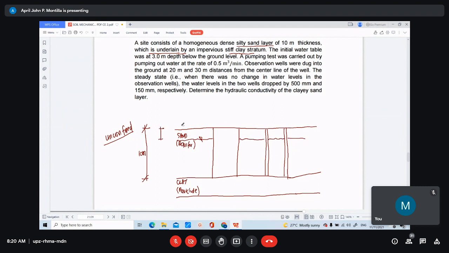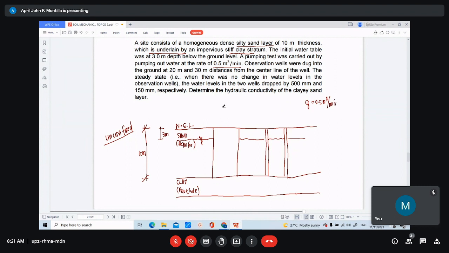Pero yung depth, with respect to the natural grade line, that is 3 meters. Nandiyan yung tubig natin or water table. And then, a pumping test was carried out, nakapag-pump out tayo ng tubig having a flow rate equivalent to 0.5 cubic meters per minute.